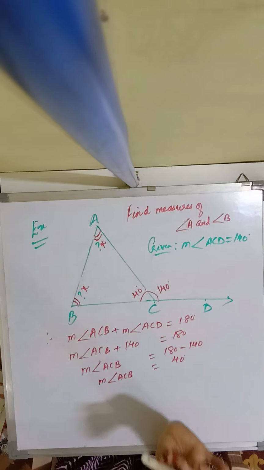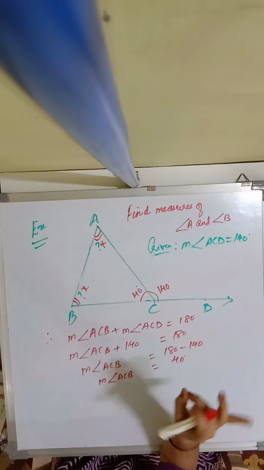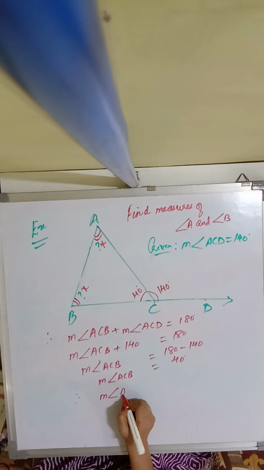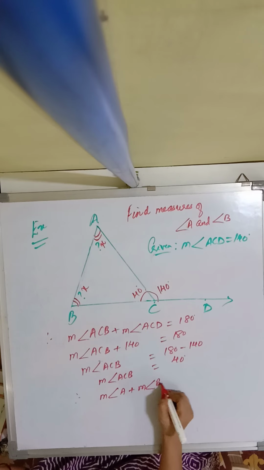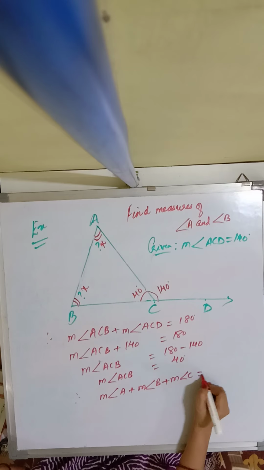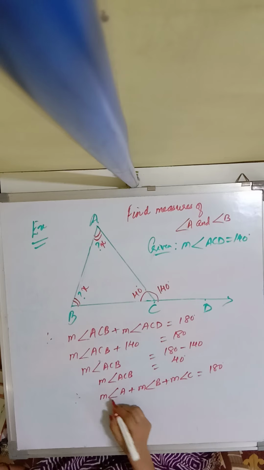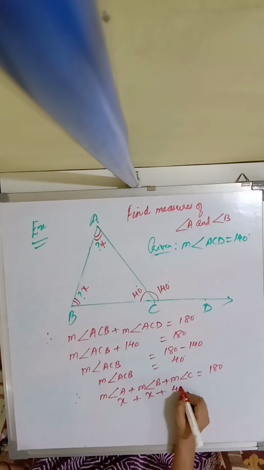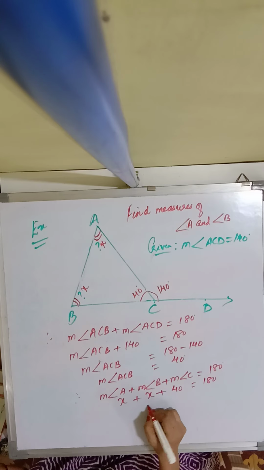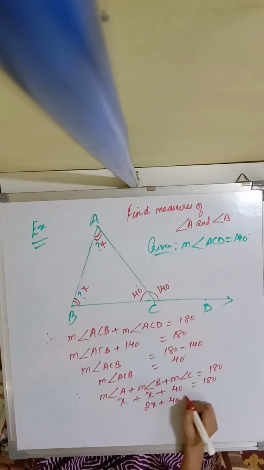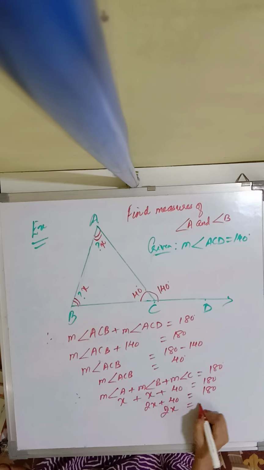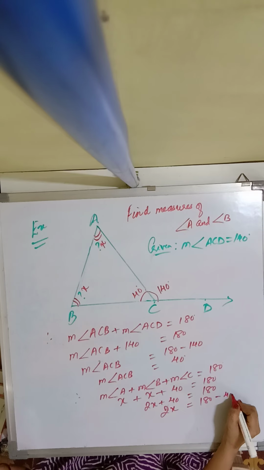Sum of measures of all the angles of a triangle is 180. Therefore, measure of angle A plus measure of angle B plus measure of angle C is equal to 180. Now A we have assumed as x, B also x, and C we have got 40, is equal to 180. So 2x plus 40 equals 180. So therefore 2x equals 180 minus 40.